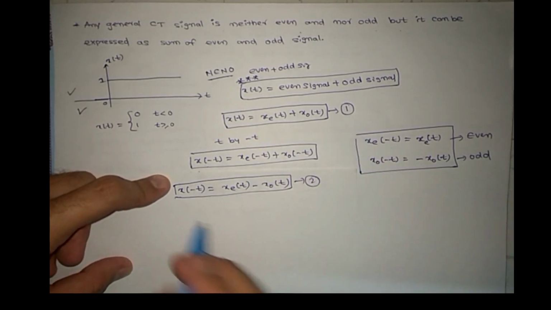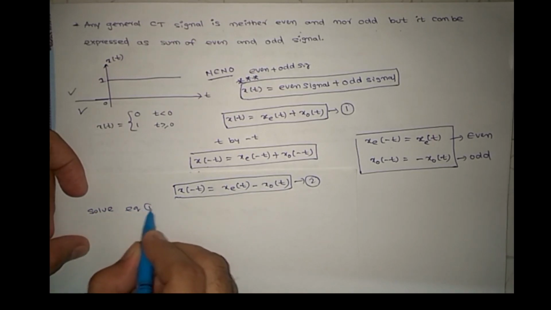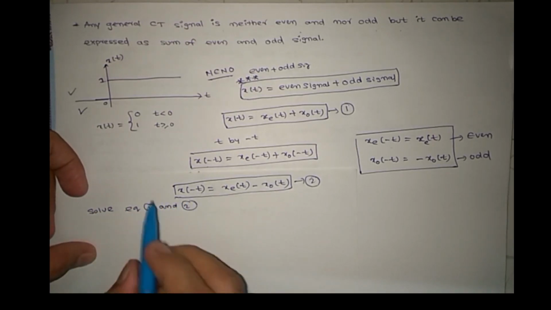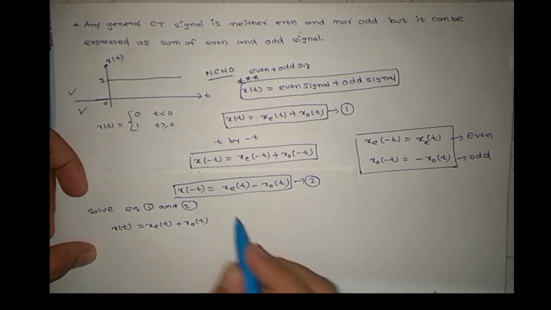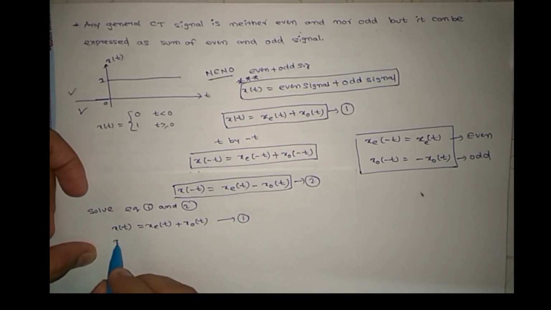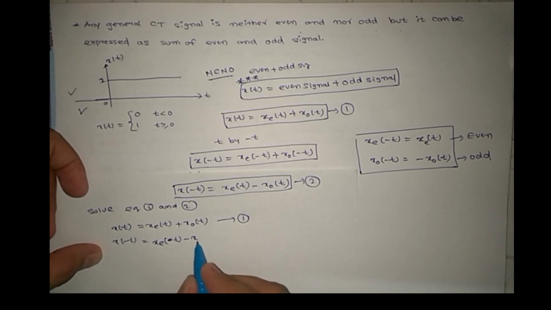Let us solve equation 1 and equation 2. So x of t equals x even of t plus x odd part of t. This is equation number 1. And x of minus t equals x even part of t minus x odd of t.